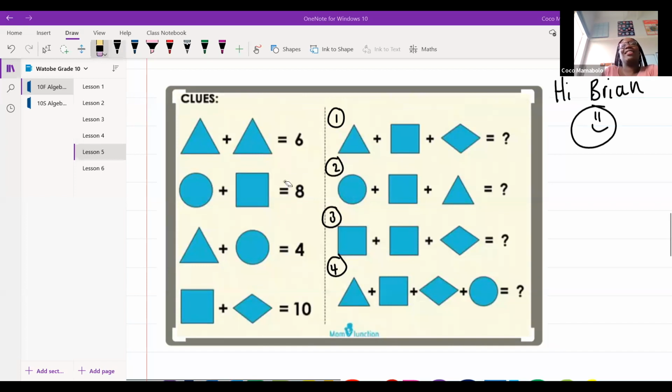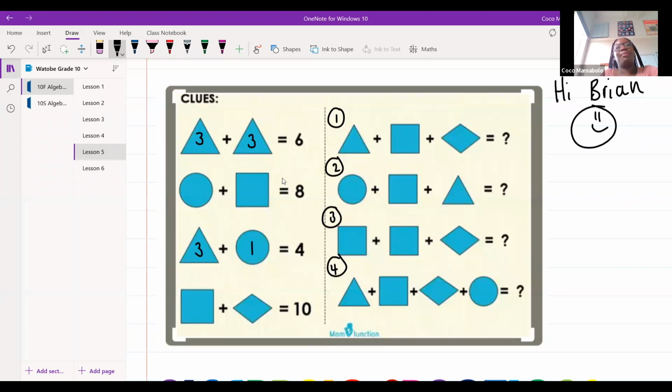So ma'am, for number 1, I got 13, ma'am. Okay, how did you get 13? Make it make sense to me. Okay. So ma'am, the clues on the left, ma'am. A triangle and a triangle equals 6, meaning one triangle is 3. And then I looked at the third one, that since I know already that the triangle is 3, it means that the circle is 1.